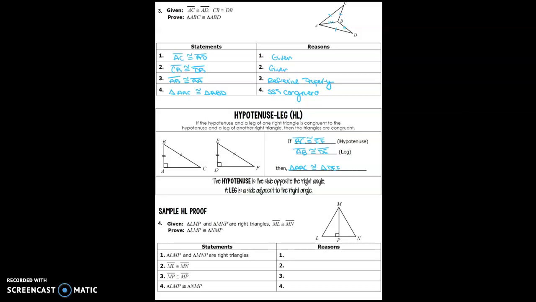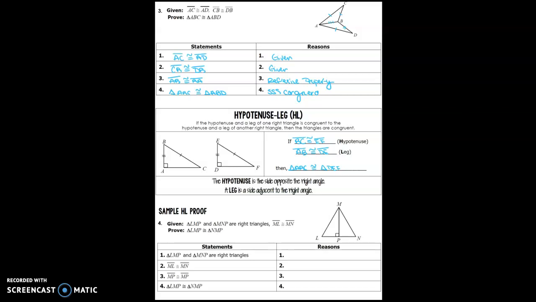All right, so let's try this proof. On my triangle, I'm just going to mark down what we have going on. We have that triangles LMP and MNP are right triangles. We know that because of the little box in the corner. That tells us that it's 90 degrees, so it's a right triangle. And because of that, the other angle on the other side is also 90 degrees, so we don't necessarily need to mark this down.